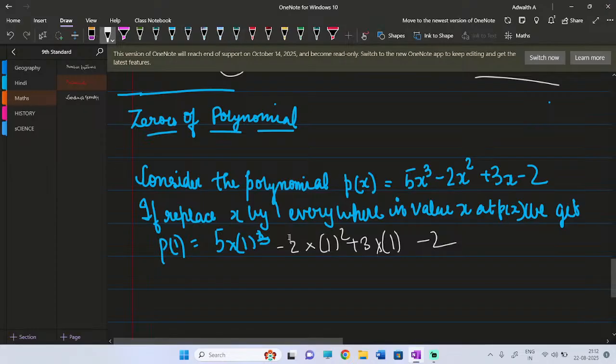So 5 into 1 cube is 5, minus 2 into 1 square is 2, plus 3, minus 2, you will get 4.